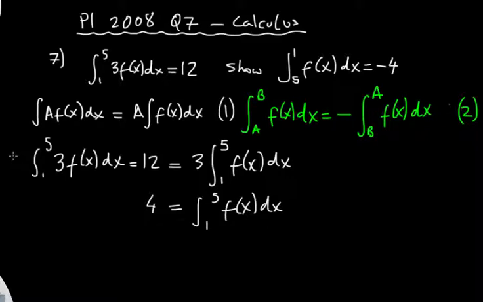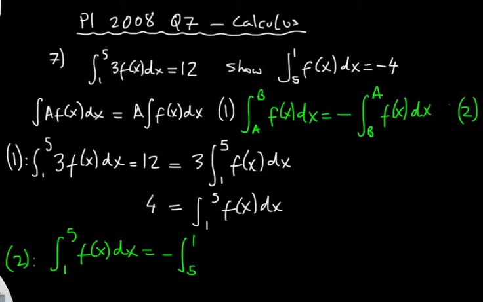We can say, well, from 2 I know that the integral of f of x from 1 to 5 dx is equal to the negative integral of 5 to 1 f of x dx. Negative.